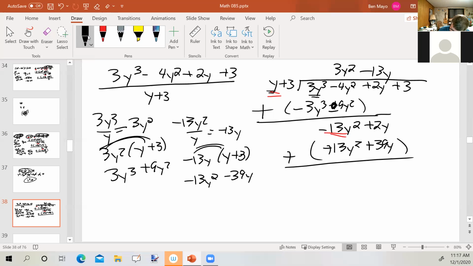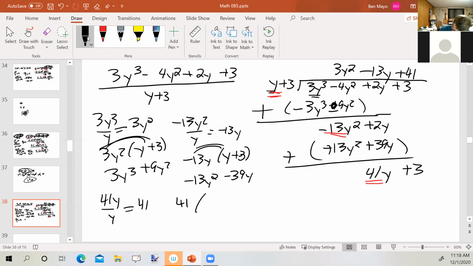Negative 13y squared plus 13y squared is 0. 2y plus 39y would be what? 41y, and then plus 3. Okay. But then we're going to take inside divided by outside. 41y divided by y is plus 41.